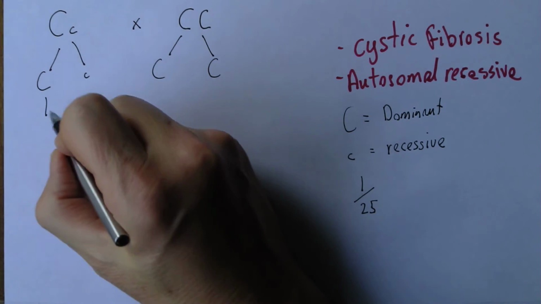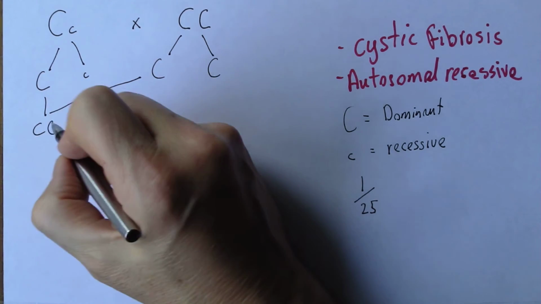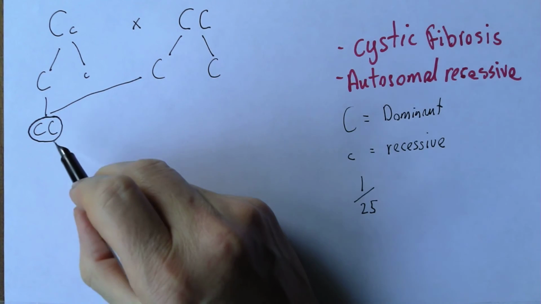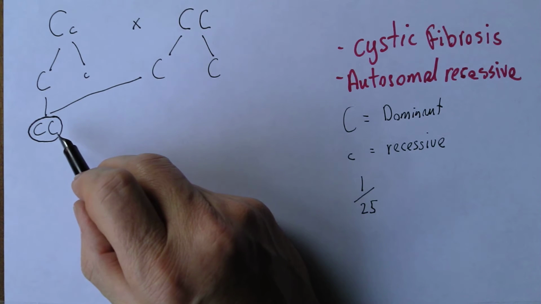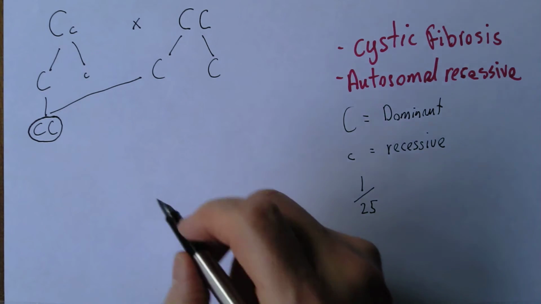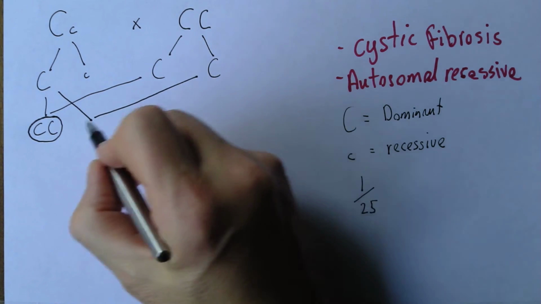So that gamete combining with that will give us big C, big C. So this possible child would be genotypically homozygous for the normal dominant gene. They would be phenotypically normal, and there is no possibility of them passing the defective cystic fibrosis gene onto the next generation. And this situation here, where that one combines with that one, well, that would be the same.